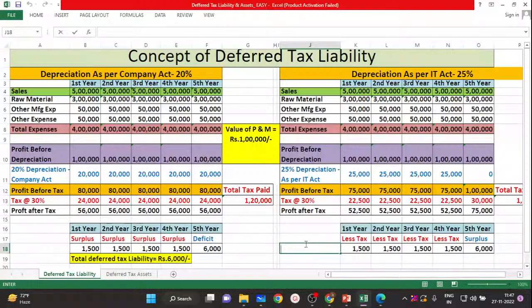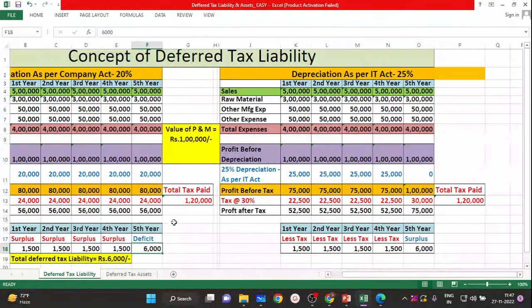So from where will this 6,000 rupees come? If you see at the bottom, 1,500, 1,500, 1,500, 1,500, so total 6,000 rupees. The deferred tax liability means that the 6,000 rupees that the company saved during the 4 years has now become a liability in the fifth year, because as per IT Act, now the company is being demanded.